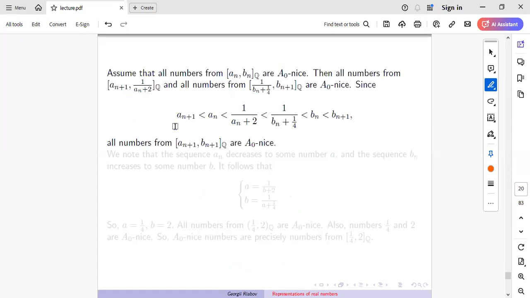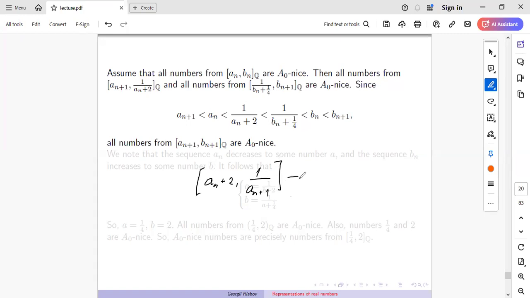Now we're ready to prove the statement. Assume that all numbers from An to Bn are nice. Let's add 2 to all these numbers and get An plus 2, Bn plus 2, but Bn plus 2 is 1/An plus 1.